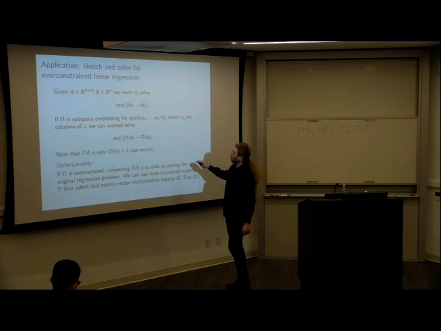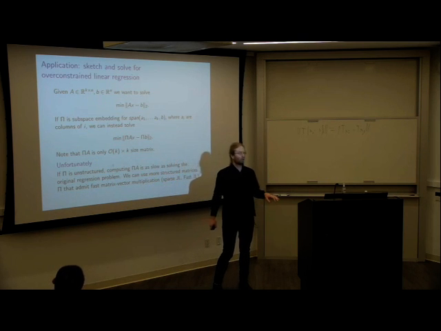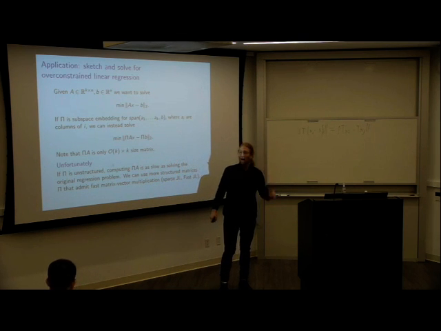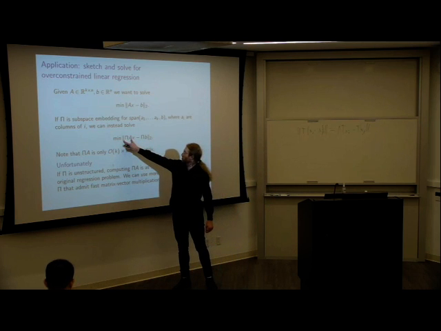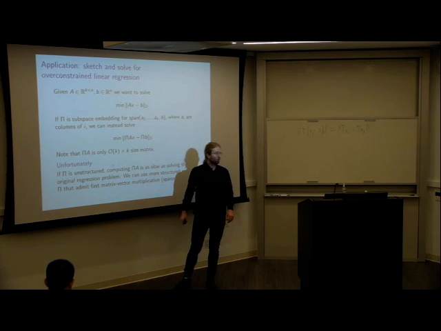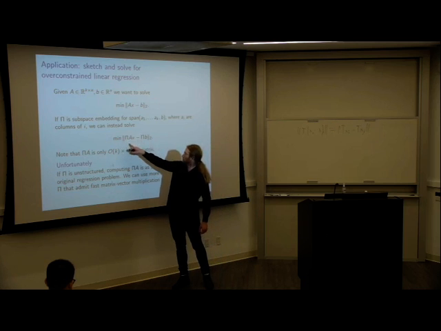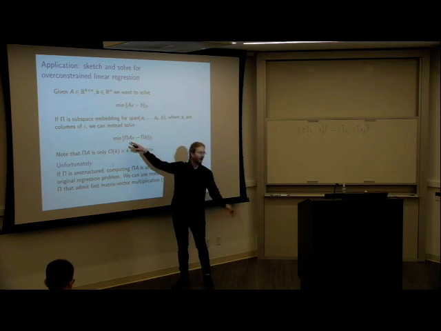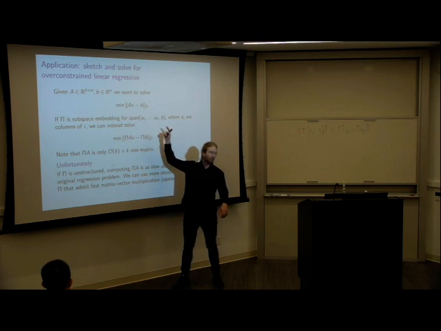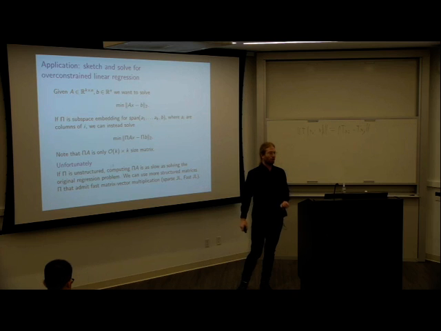So if I choose matrix Pi from a nice distribution that satisfies distributional JL, I can actually do the sketching in time linear in the size of matrix A. So I'm going to have a near-linear time algorithm for the regression problem in this extremely over-constrained setting. Specifically, the time is going to be near linear in nk, say nk log k, plus something like k cubed. But if k is much smaller than n, I can speed up linear regression.